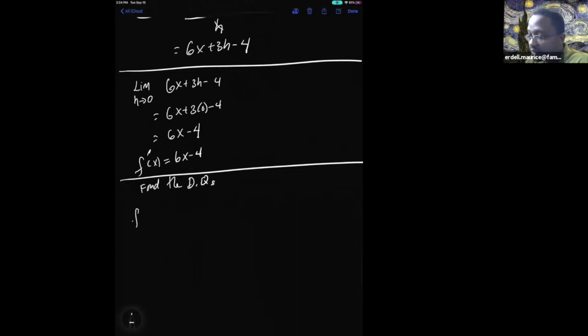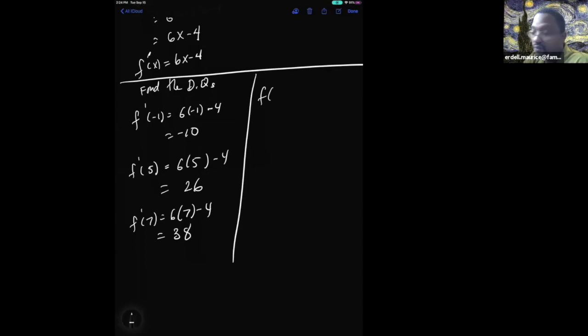The first one, f prime of -1, is 6 times -1 minus 4, which gives me -10. That's my first difference quotient. F prime of 5 is 6 times 5 minus 4, 30 minus 4, which is 26. F prime of 7 is 6 times 7 minus 4, 42 minus 4, which is 38.